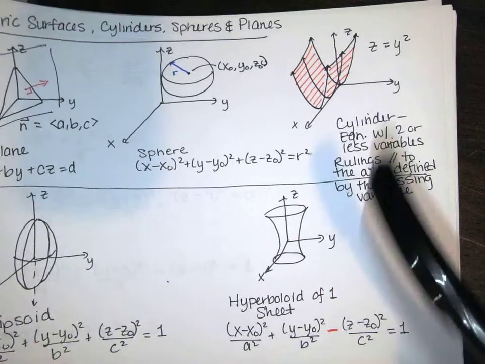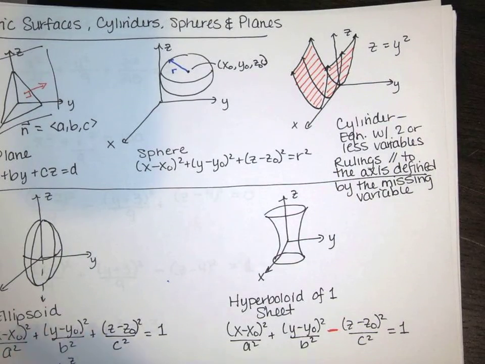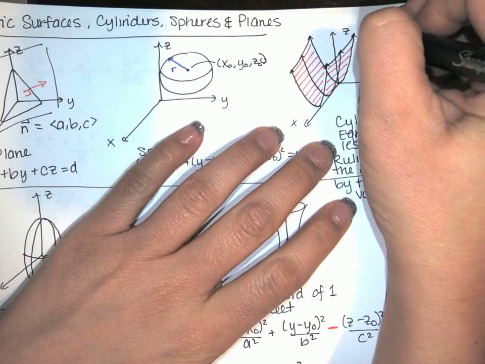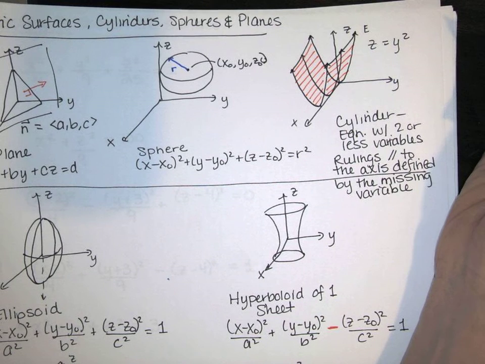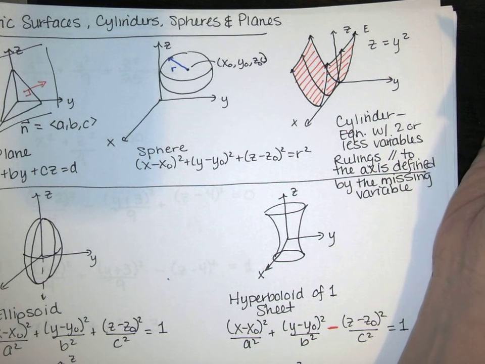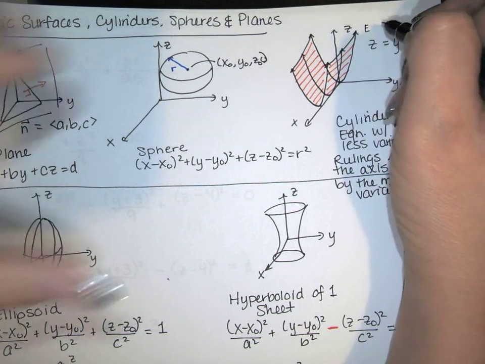Now this is just a particular example of a cylinder, but a cylinder in this class consists of a generating curve and all of the lines that go through the generating curve that are parallel to a line that's not in a parallel plane.